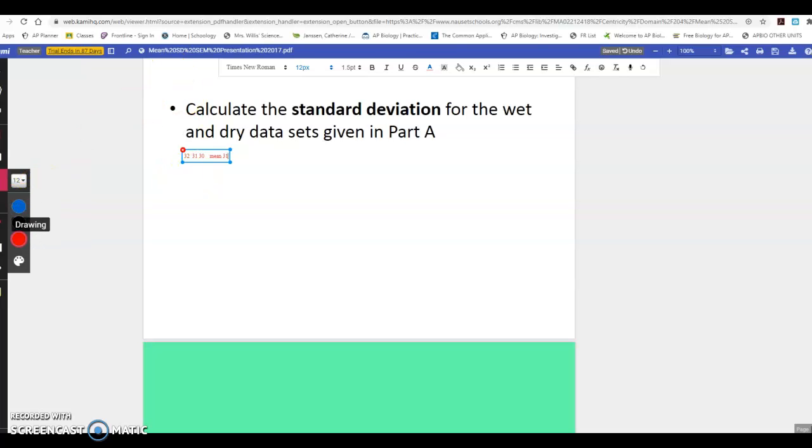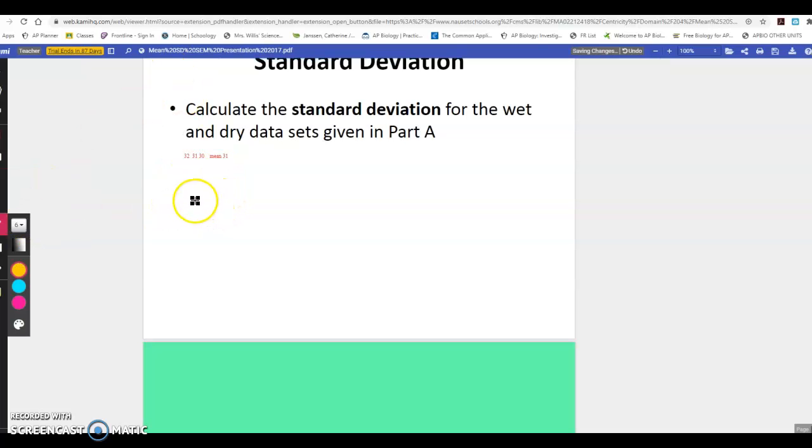Now, to actually do this, I'm going to switch to the right color here. We have to take each value and find the difference between it and the mean. So this is the top part of that equation, that is x minus x bar. Okay, x bar is the mean, so that's the value 31.